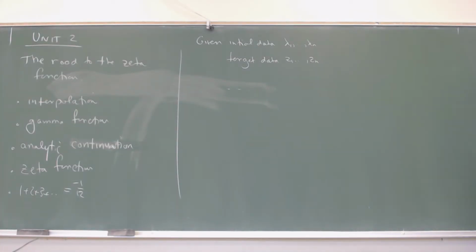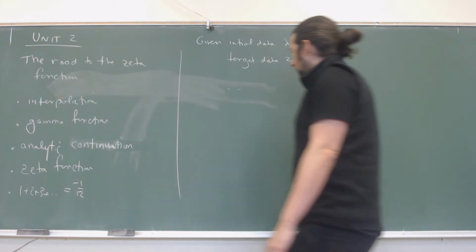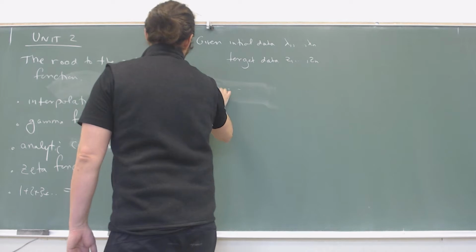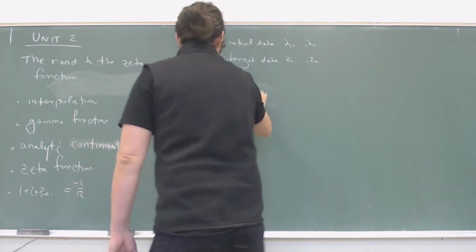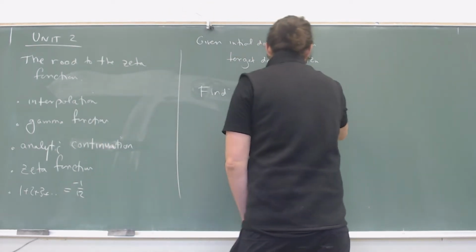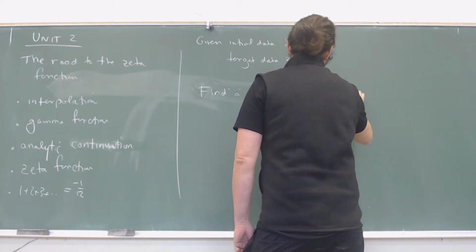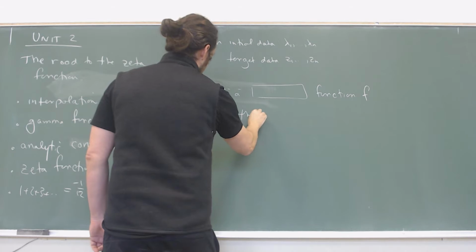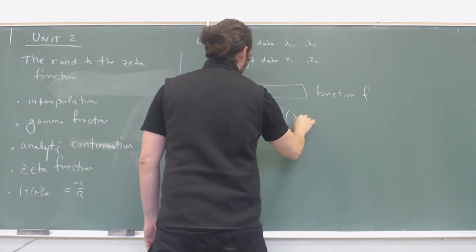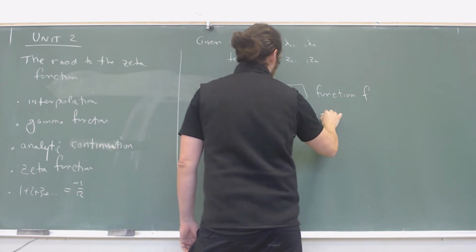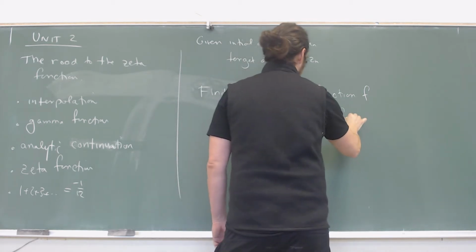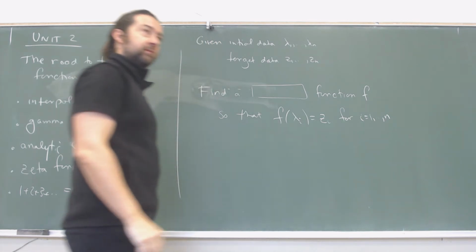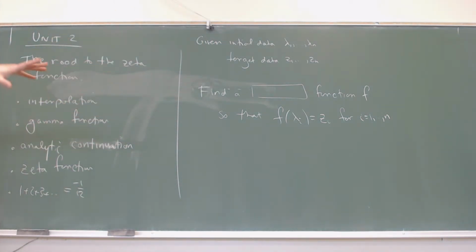And the idea of an interpolation question is to find a function f, with a box around the word function, so that f of lambda i is equal to zi, where i equals 1 to n. Okay, so that's the textual definition of it.